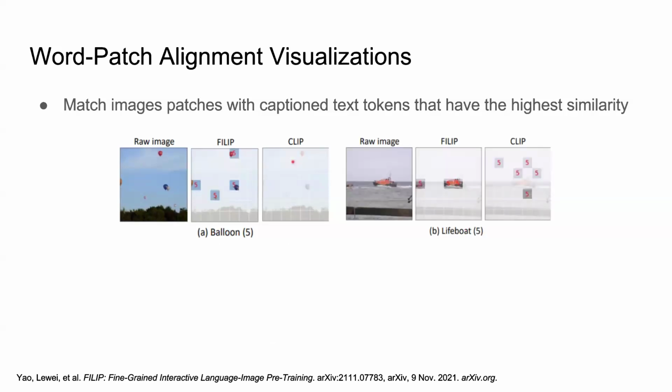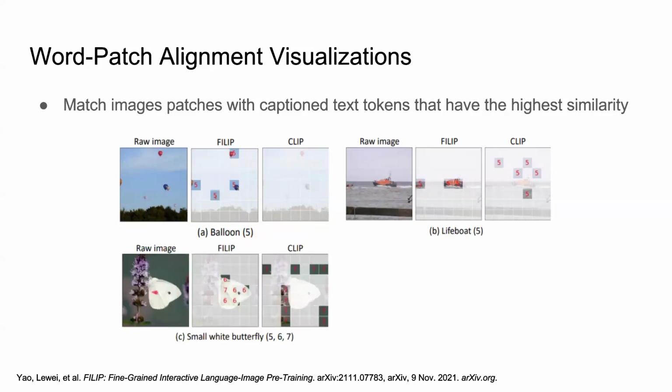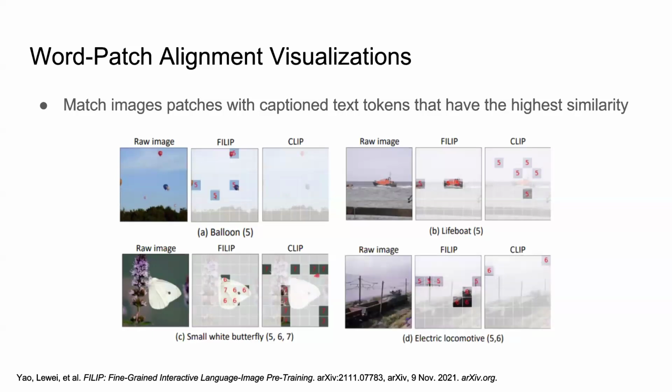So it's not only capable of doing this for multiple objects in one image, but also we see that it's capable of doing it in lifeboats. It's capable of doing it for one object in an image. So this one's kind of interesting. We see the label is small white butterfly, which is index 5, 6, and 7 of the caption. And we see that for white, there's a lot of white on this butterfly, and then there's a butterfly right in the center. So it's doing a good job. CLIP, once again, is trying.